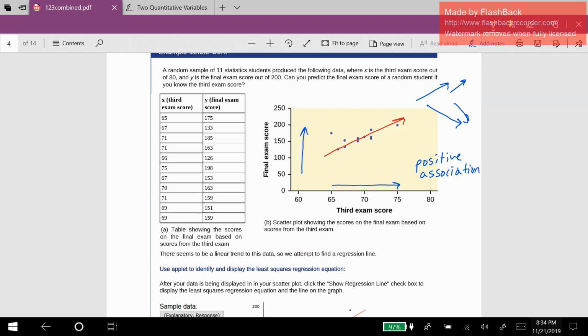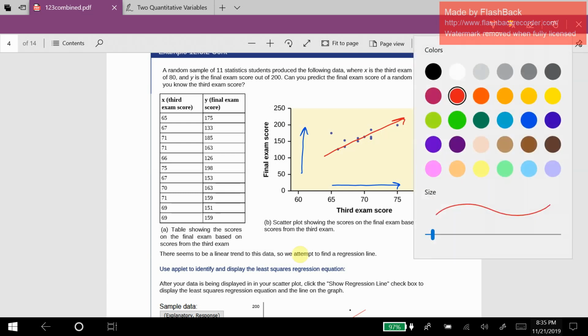You've already played around trying to minimize your residuals, your residual squareds. We're going to let the computer do that, but we should be thinking before we even do any of that what it should look like, and what we can do with it after. So we put our initial guess down. We think it's a positive association. It looks like it fits, but we should be a little careful here.